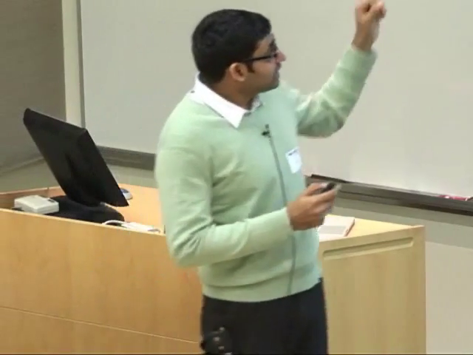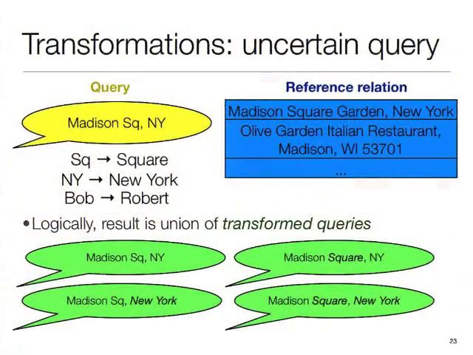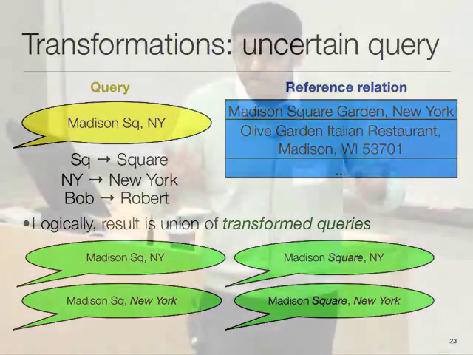So when the user says Madison SQ NY, he means any one of these 4 queries, which says that when he says SQ, he could mean SQ or he could mean square. When he says NY, he could mean NY or he could mean New York. So now the relation is certain, but our query is uncertain. Conceptually, taking a union of all these results is the same as the previous slide semantics that I defined. In general, this notion of transformations is extremely powerful.